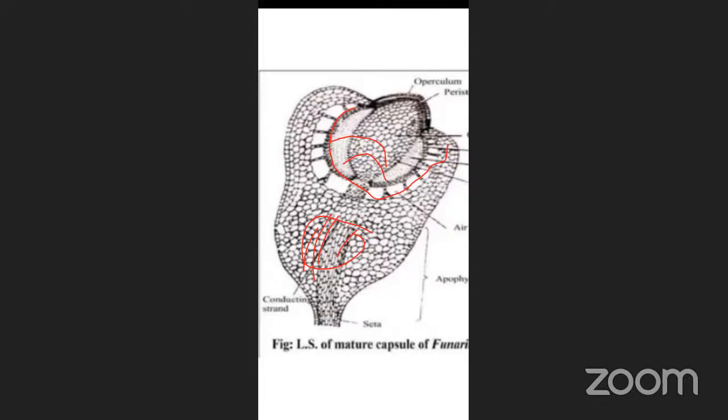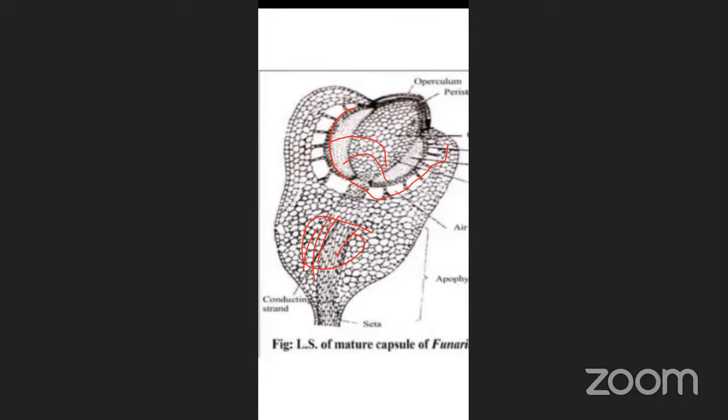Clear? Complex to downwards means the complexity of Funaria explains a simple, primitive structure. Okay, the Funaria sporophyte is telling a simple sporophyte.